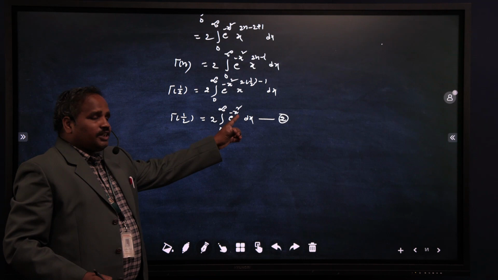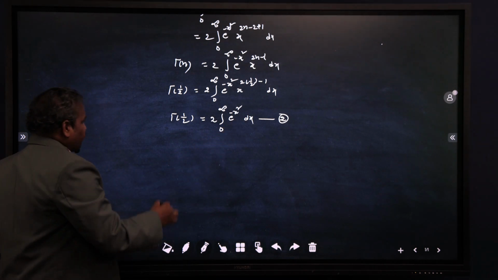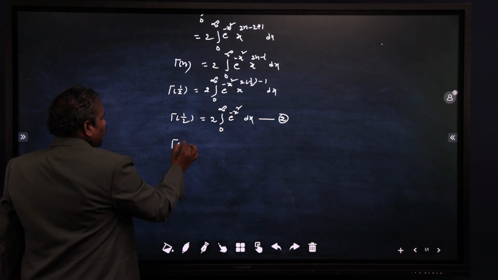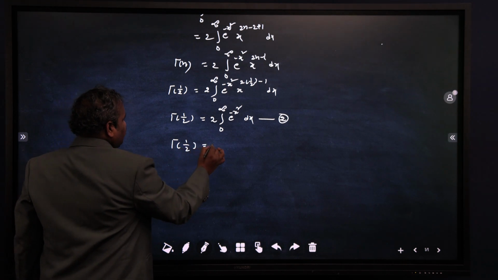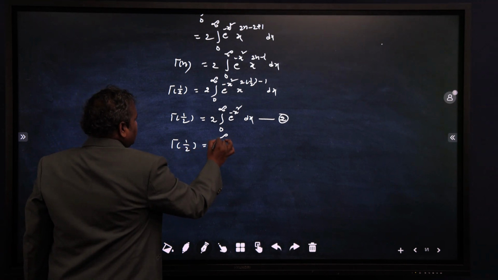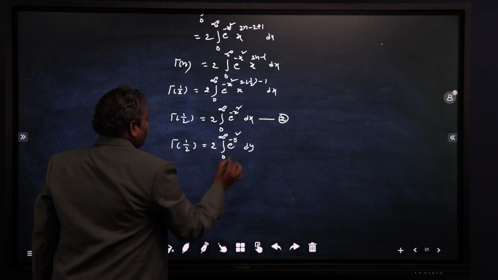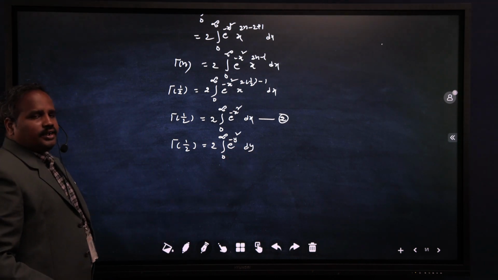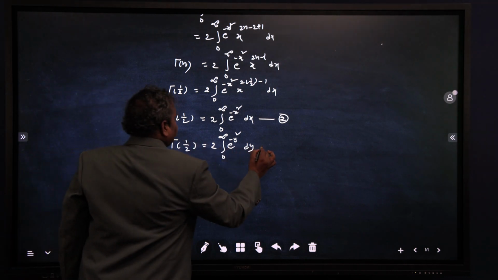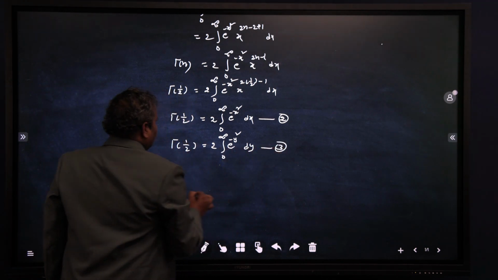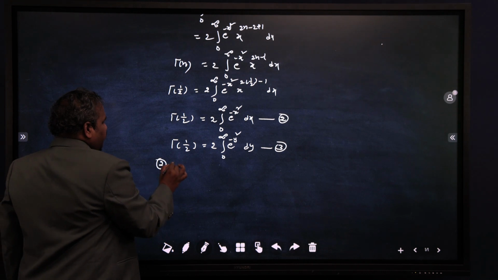Here change the variable x as y. We will get one more gamma. Gamma of 1 by 2 is equal to 2 into integral 0 to infinity e power minus y square dy. Let it be equation number 3. Multiply 2 and 3.